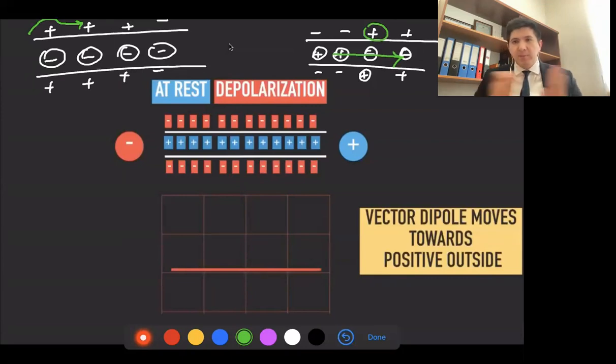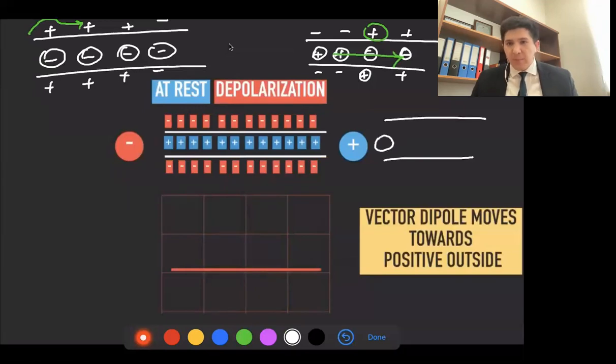But after some time, all of the cells are going to be depolarized. And once all of the cells are depolarized, then they start repolarization again, right? And it starts from the left part. You've got now here the minus inside, plus outside, minus inside, plus outside, but the others are still depolarized. So it's going to be plus, minus, plus, minus. Do you see the difference between these two graphs?